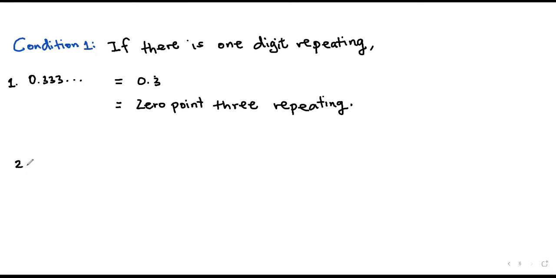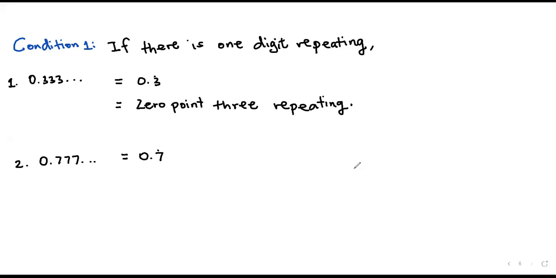And let's say that we have 0.777 repeating. For this one, we write 0.7 and a dot on the top of 7. Do you understand that? Yes.